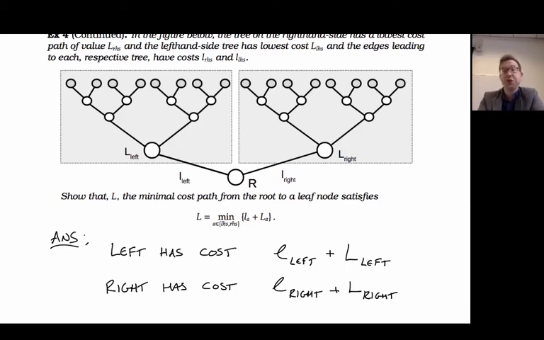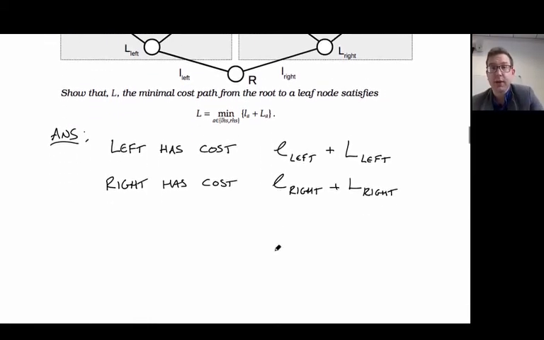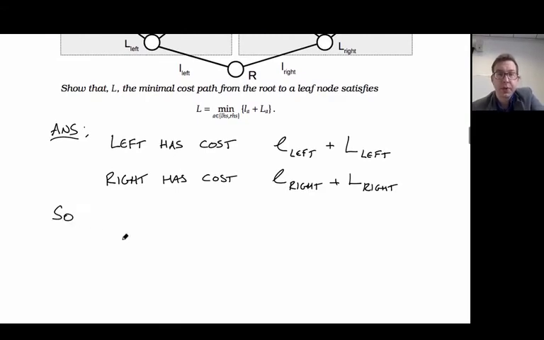And then given I've got a choice between left and right, which of the two do I choose? Do I choose the minimum? You choose the smallest of the two. And the argmin, whether left or right, is the action, or the choice, that you make in terms of the movement you make. So the cost of the root node is the minimum of the two choices that I have.